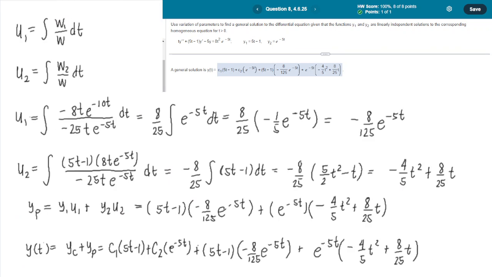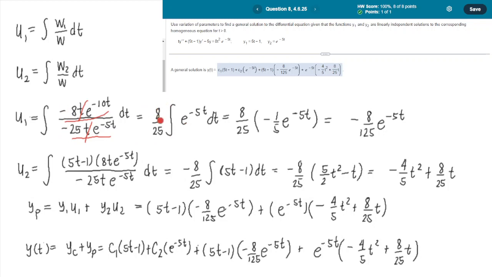Now, to find our u sub 1, we integrate w sub 1 over w with respect to dt, and our u sub 2 is equal to the integral of w2 over w dt. Our w sub 1 is this, and our w is this. We cancel t over t, and negative over negative is just positive.